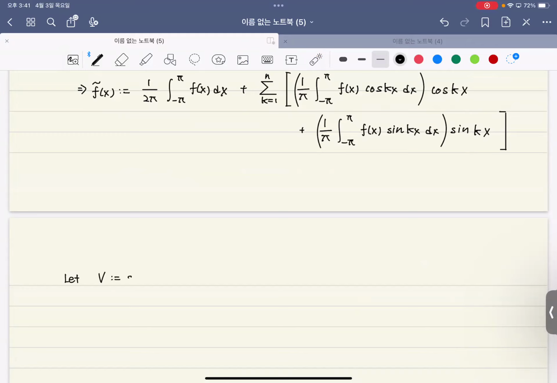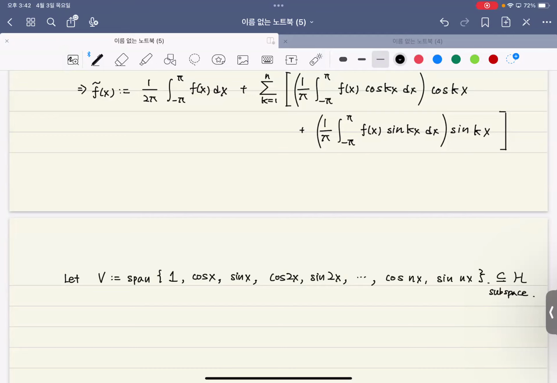I have a vector space V, and this is spanned by cosine x, sine x, cosine 2x, sine 2x, up to cosine nx, sine nx. This is clearly a subspace.